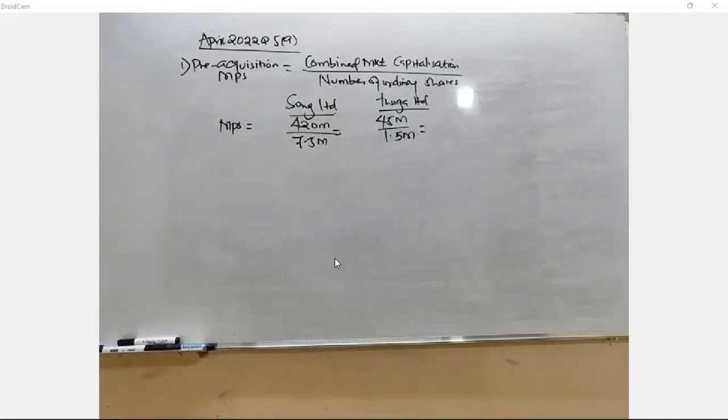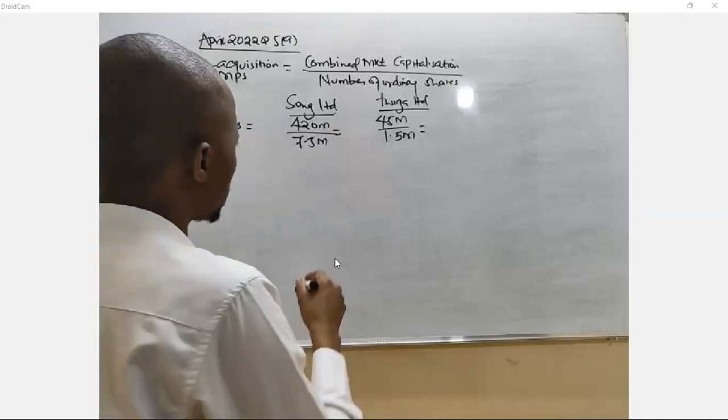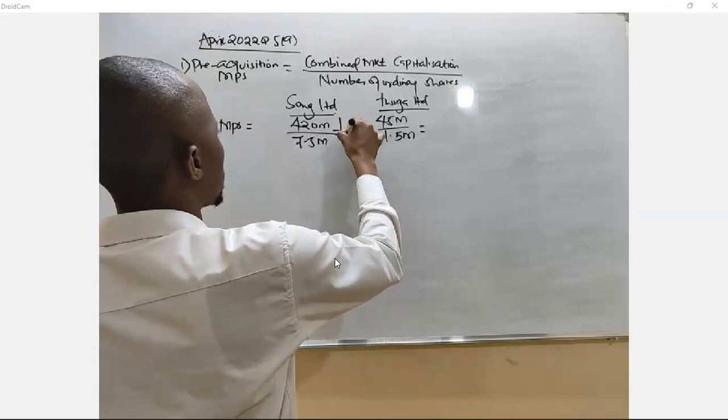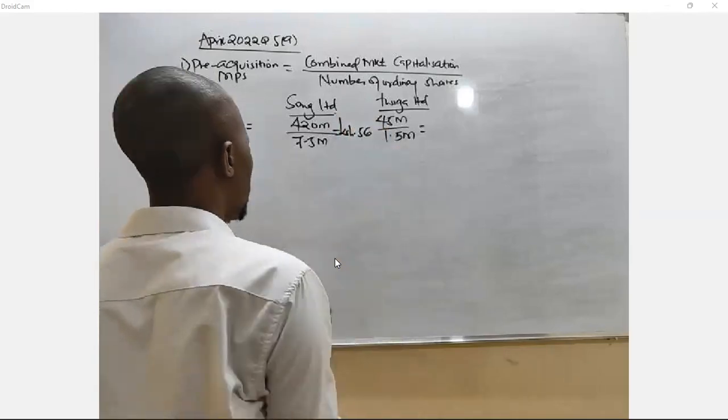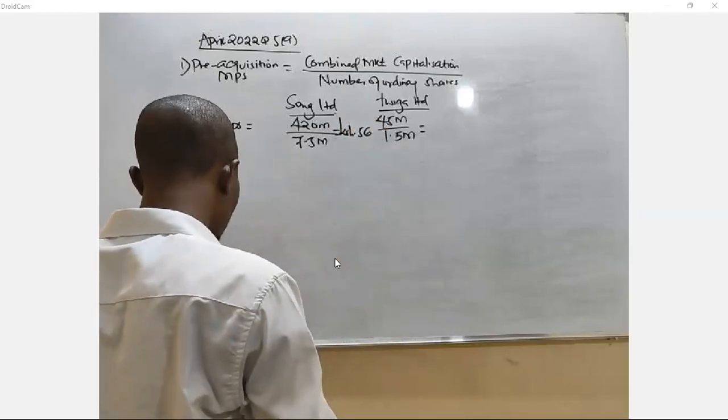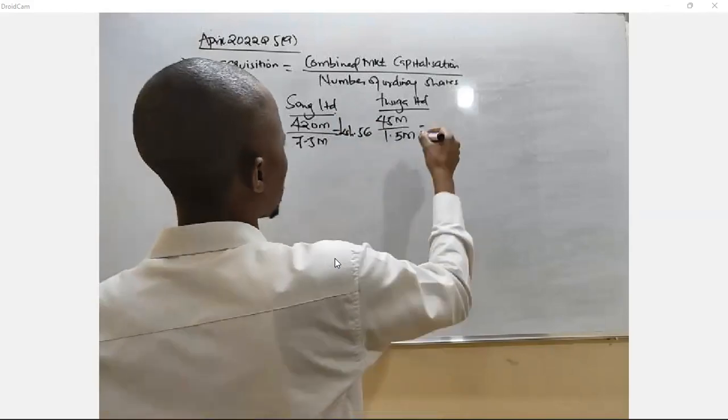Let me give myself the answer. So 420 divided by 7.5, you are getting Kenya shillings 56. Then we have 45 divided by 1.5, we are getting Kenya shillings 30.